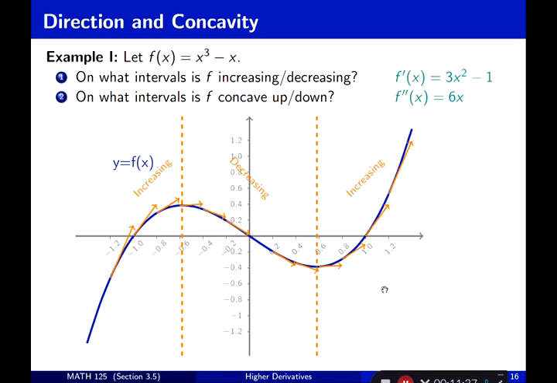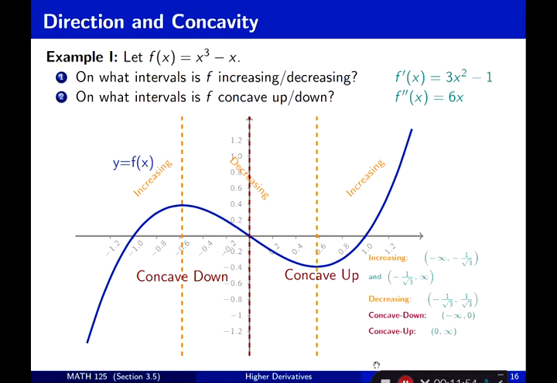And then that's the other information. The concavity changes at 0. So concave down from negative infinity to 0, up from 0 to positive infinity. And these are the values again.